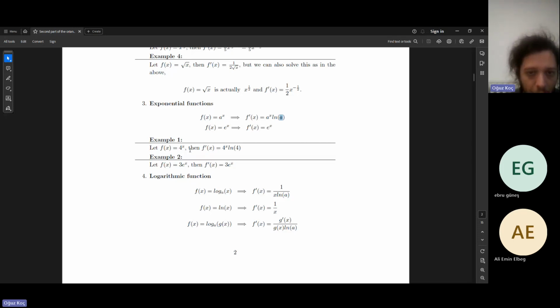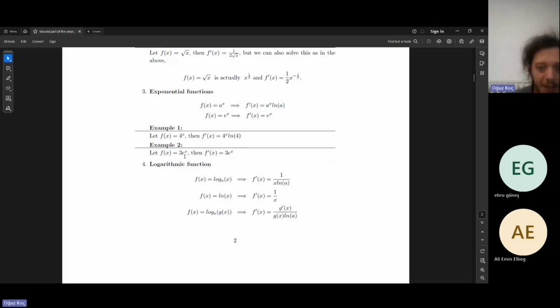Here is 4 to the x. Then the derivative of f of x becomes 4 to the x multiplied by ln 4 here. Just put the base of this exponential function, and then we get the derivative.